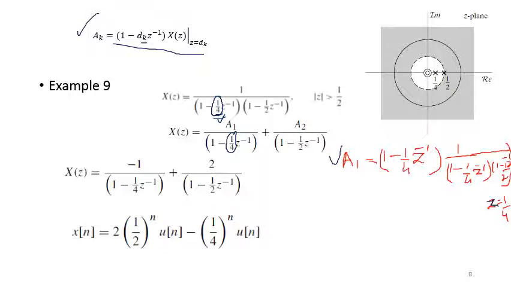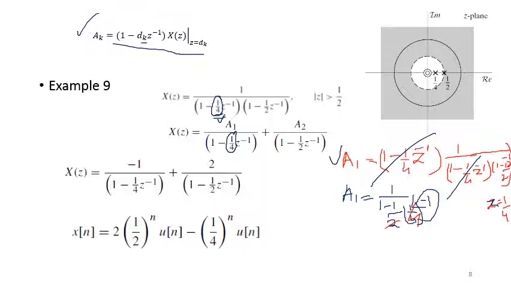If you look at this, the 1/4 z inverse factor cancels, and you are left with A1 equals 1 over 1 minus 1/2 z inverse, and if I replace z by 1/4, then 1/4 to the power minus 1 is inverted, so it is basically equal to 4.